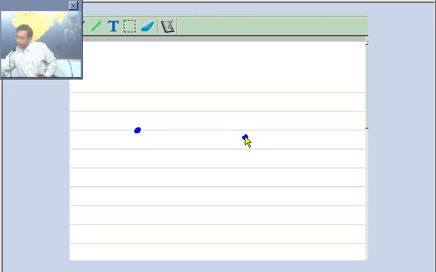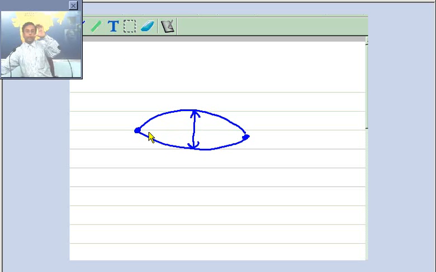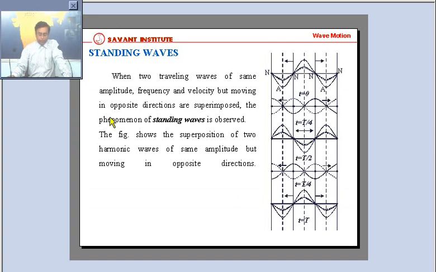For example, these are the two edges and the string is tied between these two, so you can easily see that this is where the string vibrates the maximum and this is where the string is at rest. So this is what is typically an example of a standing wave used in different instruments.